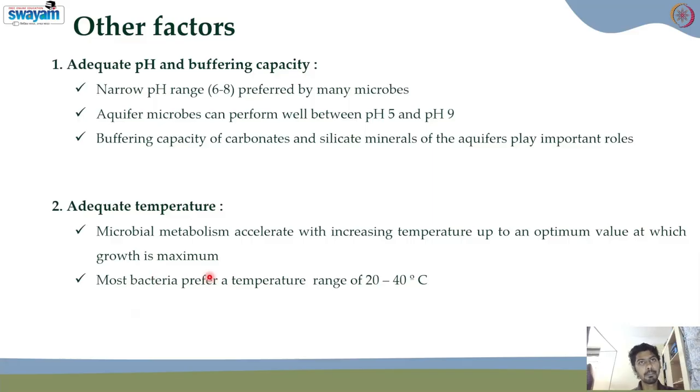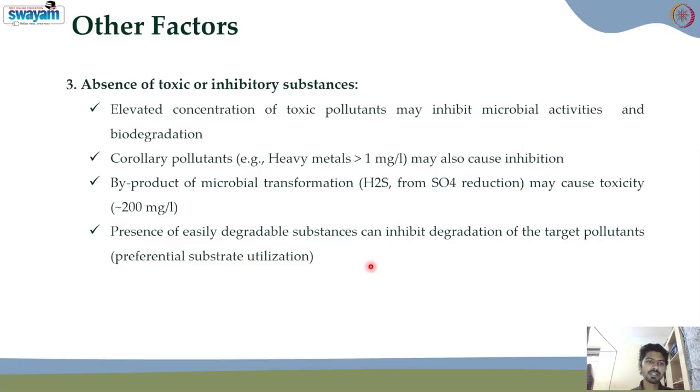For thermophilic microorganisms, the optimum temperature is very high, whereas for psychrophilic microorganisms, the optimum is at a lower temperature. So based on the microorganism, the temperature will vary, and we have to find the optimal temperature. And the third most important factor is the absence of toxic or inhibitory substances.